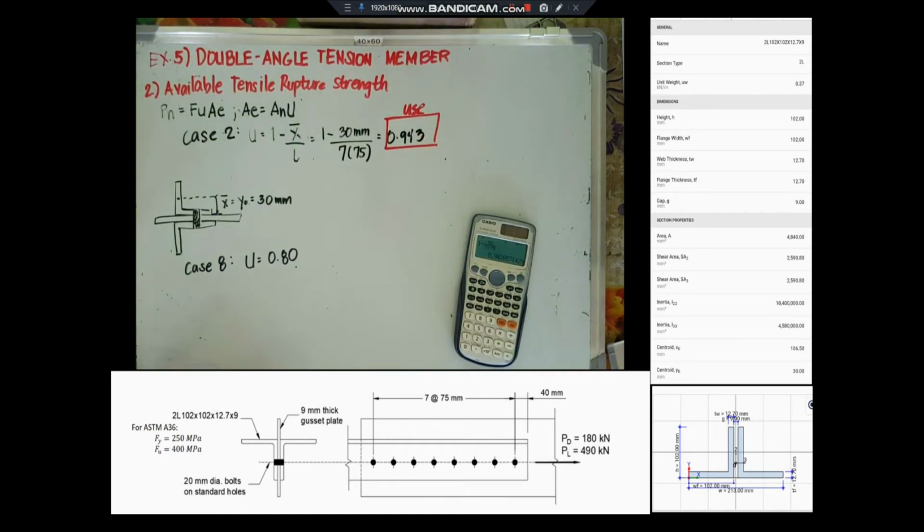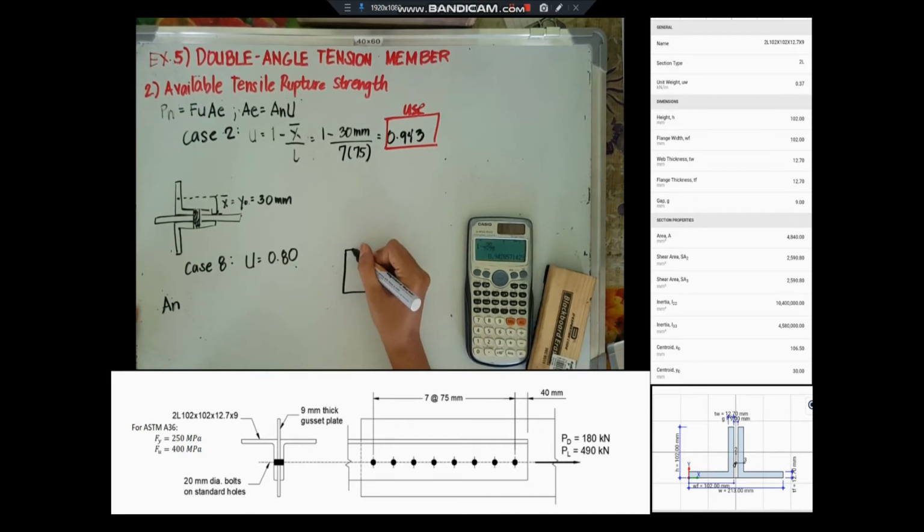And for our net area, it is equal to gross area. Then we subtract the diameter of the bolt multiplied by the thickness of the angle.